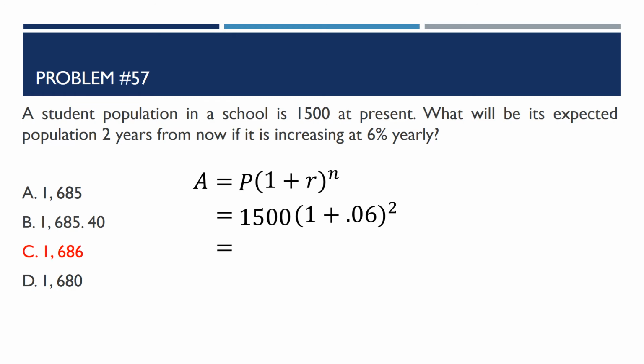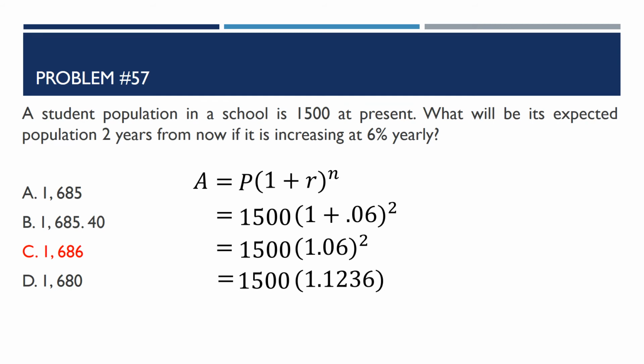Combining 1 and 0.06 makes 1.06. The square of 1.06 is 1.1236. Then we get the product, which is 1685.4, which is actually in the choices.